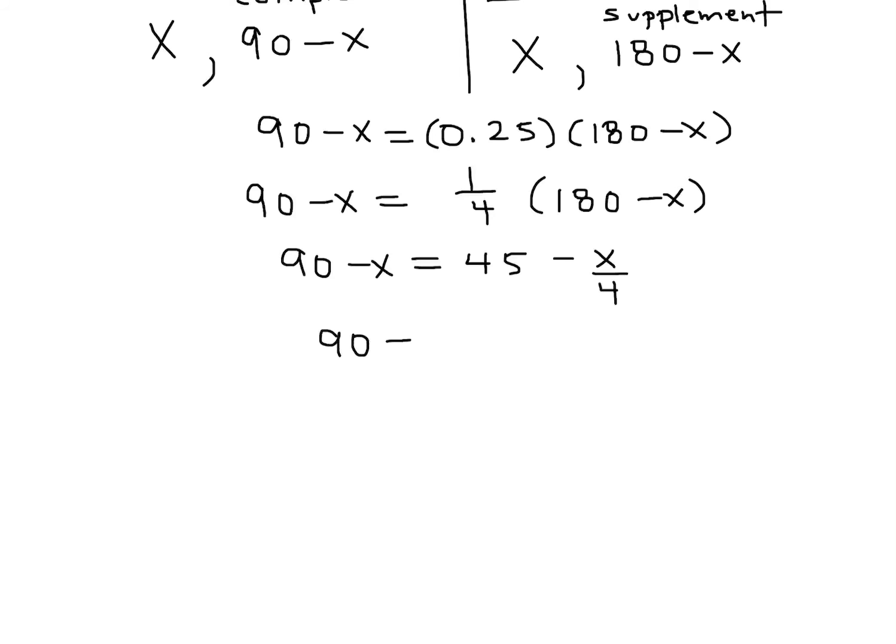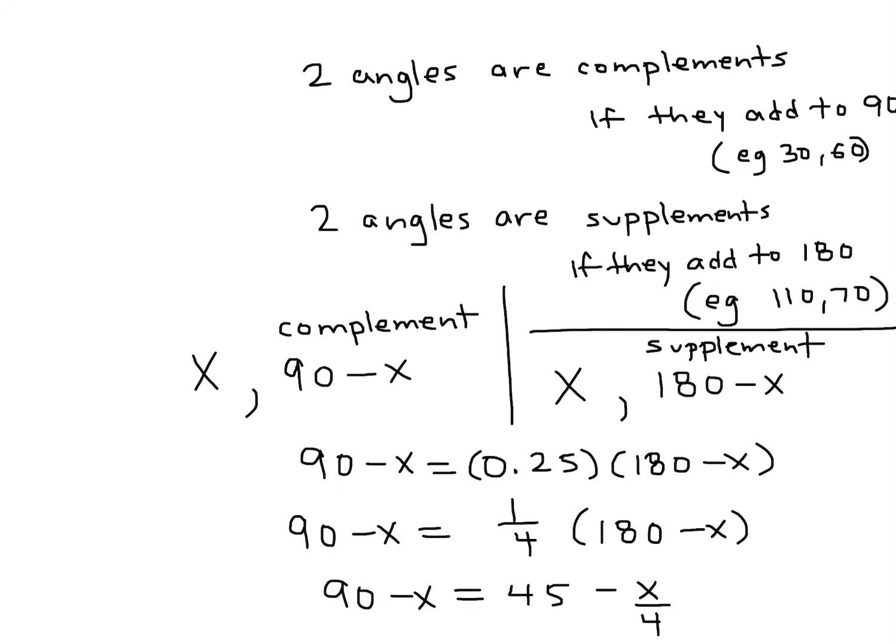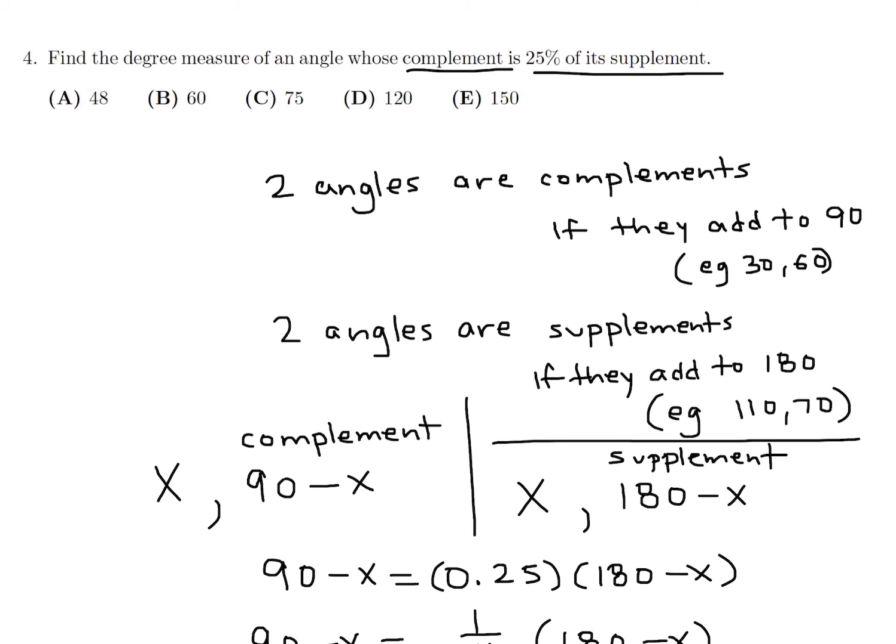So bring the numbers over to one side and the x's to the other, so you get 45 is equal to 3x over 4. So cross multiply and you get 4 times 45, which is 180, is 3x, and therefore x is equal to 60. So the answer is B for number 4.